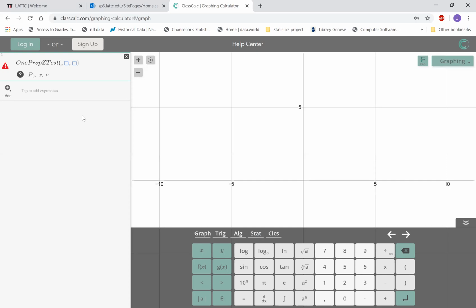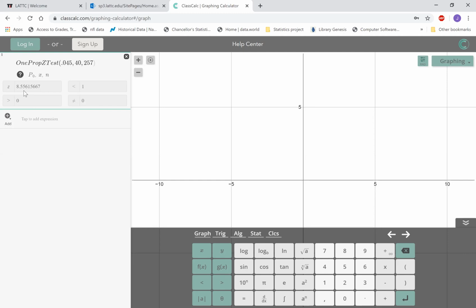We enter 0.045, then n, which is 257, and x, which is 40. All right, if you look at the Z value that we get, it's 8.56.